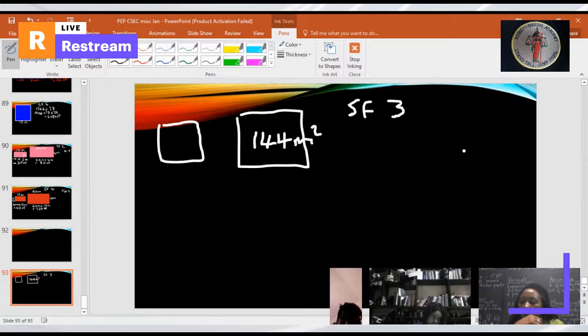What is the area of the small square? The area of the largest square is 144 meters squared. The scale factor is 3. What is the area of the small square? Miss, 24 meters squared.